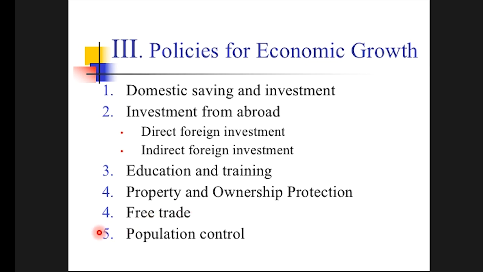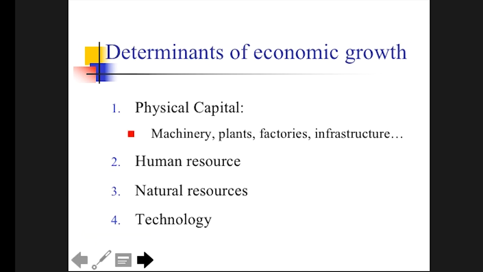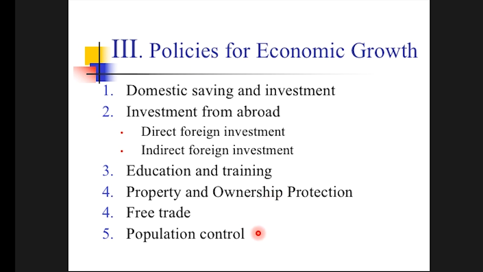Policy number 6 is population control. When the economy has enough labor force, the human resource, it will have the labor force for production. If we don't have population control and we have an aged population, we will lose labor force and cannot increase GDP over time.